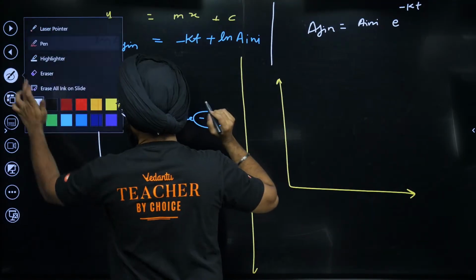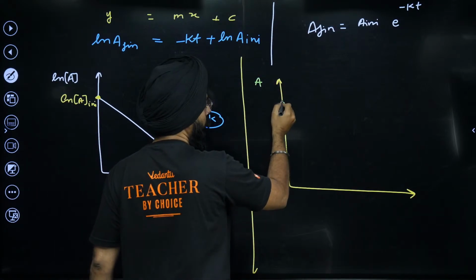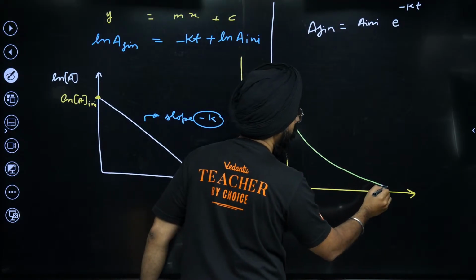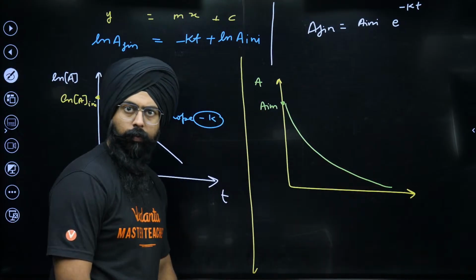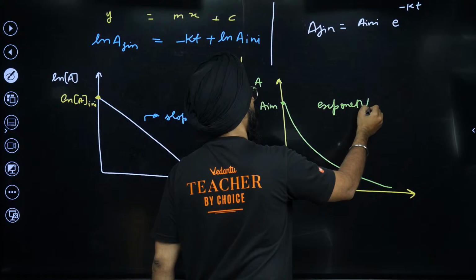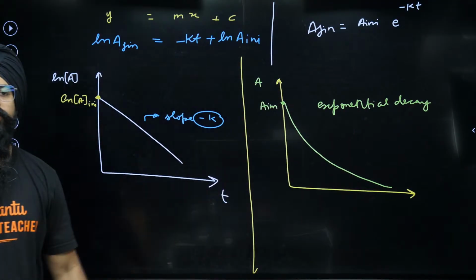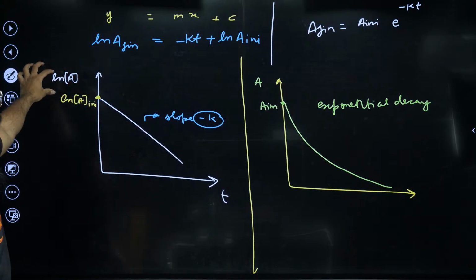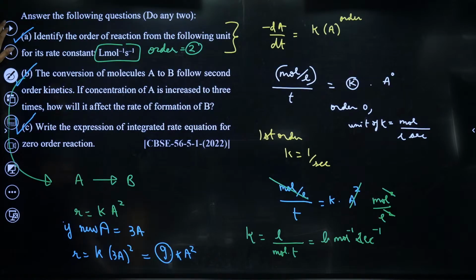So the concentration of A at any time, which is A final, starts from A initial and decays exponentially like this, but never going to zero. It will only become an asymptotic graph. So this is basically an exponential decay graph. These are the graphs for the first order reactions. On the y-axis we have ln A, over here we simply have A. So this is your first order graph.